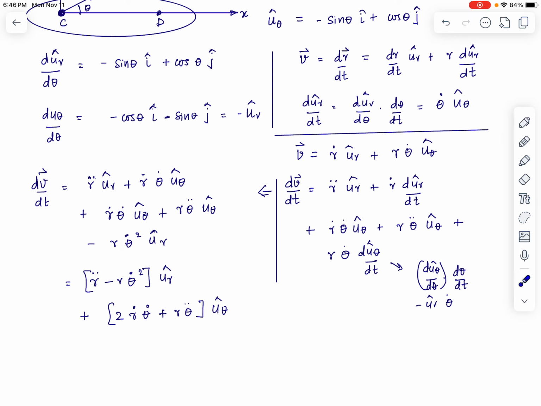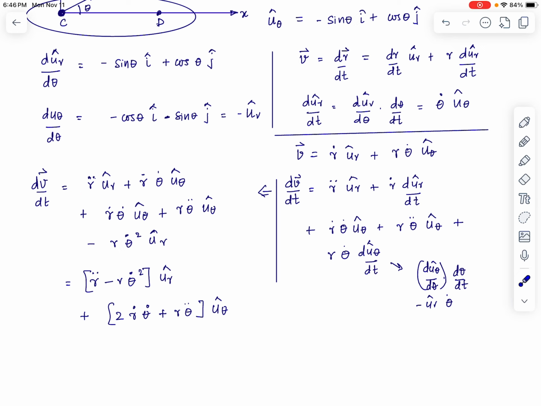Essentially this term and this term together give you 2 times r dot theta dot, and we have this term r theta double dot, so that makes up the coefficient of u theta.